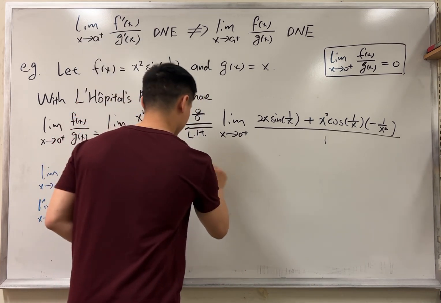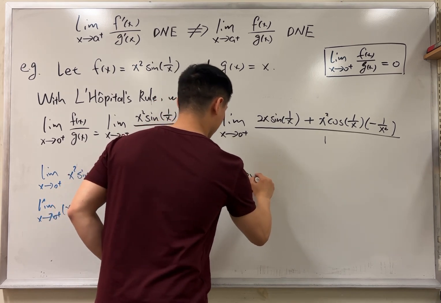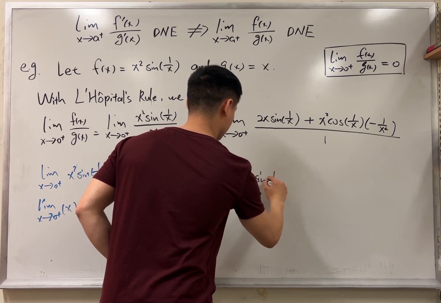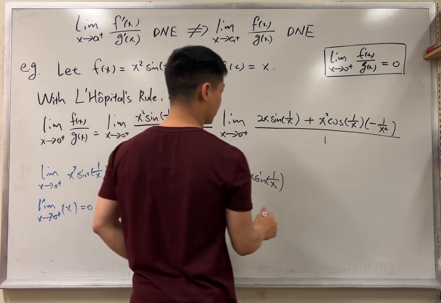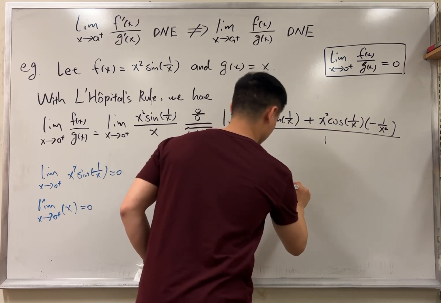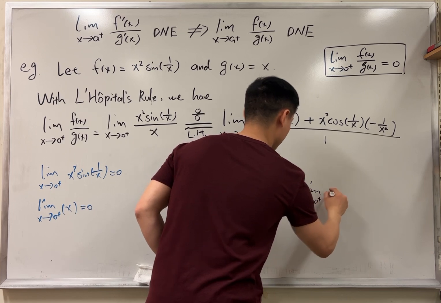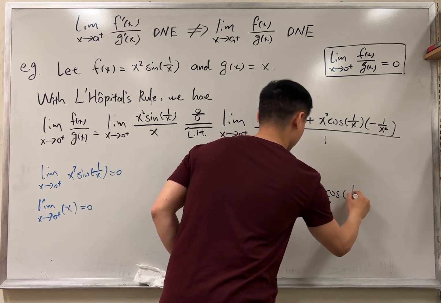Simplify this a little bit. It's going to give us 2x sine of 1 over x, and then you see this x squared cancels, and then we can bring out a negative sign. So write a minus sign here. The limit as x approaches 0 plus of cos 1 over x.